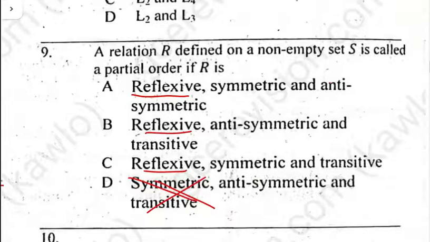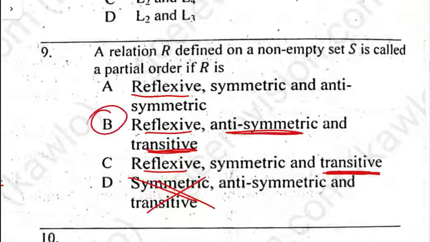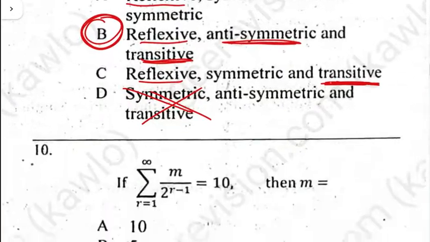Then it should be transitive. The second one is transitive, and the third one is also transitive. The third property, which is actually the second property, is that it is anti-symmetric. So only B fulfills all of these three conditions. For a partial order, it's reflexive, anti-symmetric, and transitive. Okay?